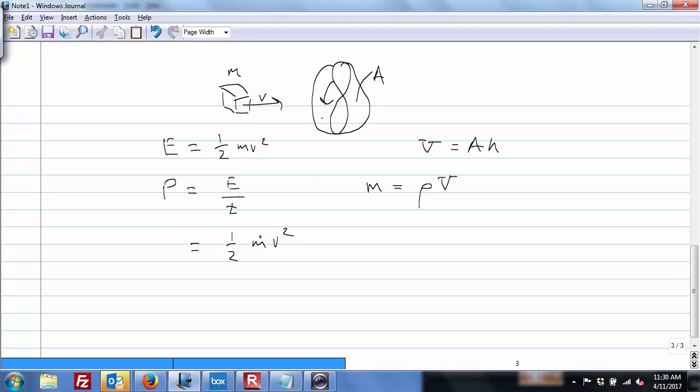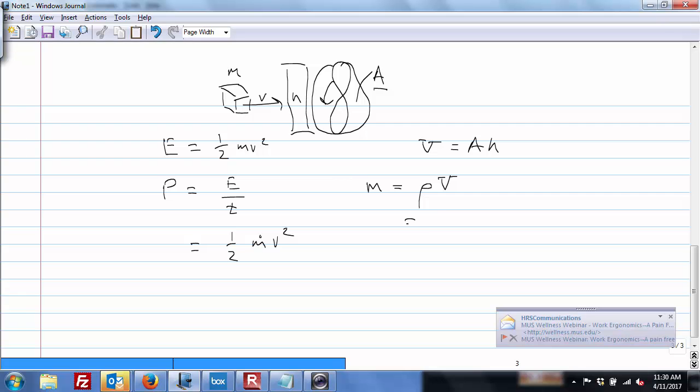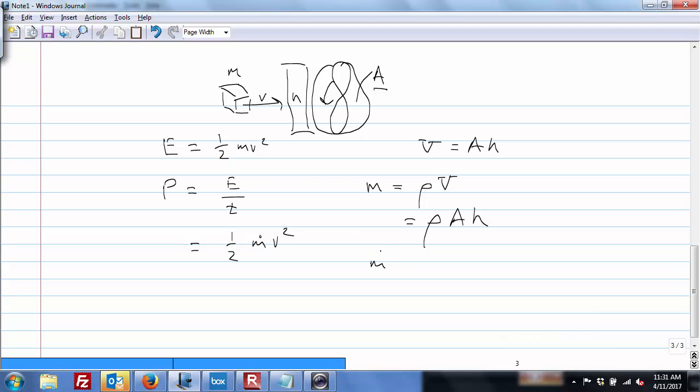Well, we're just going to use this A as area of the mass moving through, and then we can also think of its little chunk moving through as H, so we can rewrite M as rho A H, and then we can write M dot.